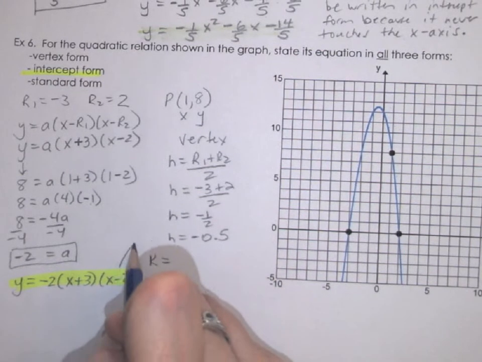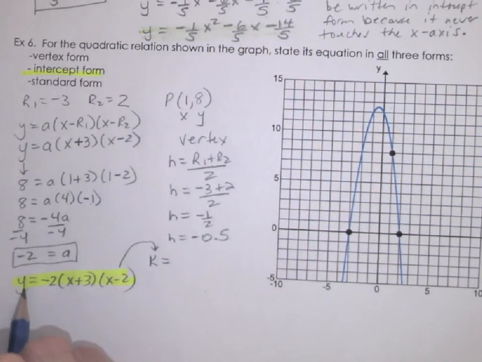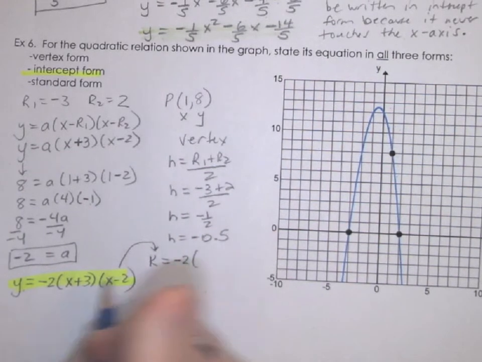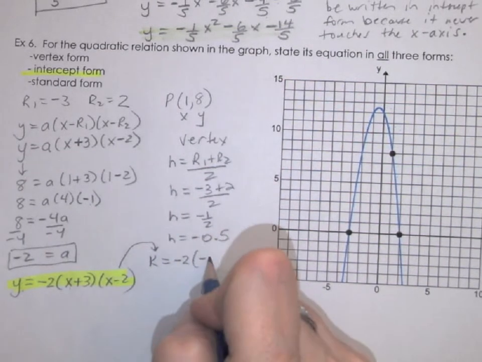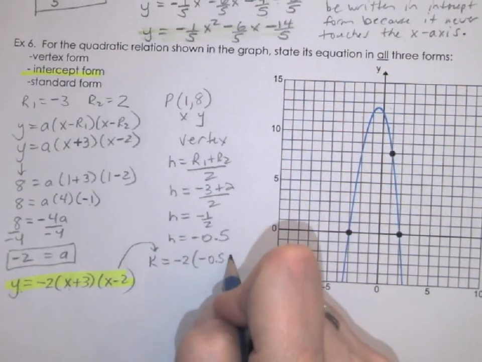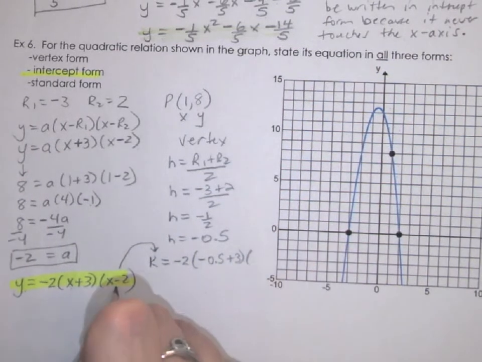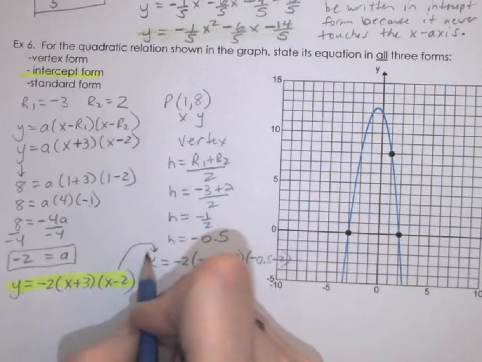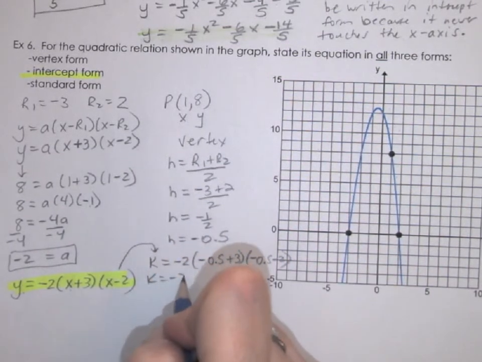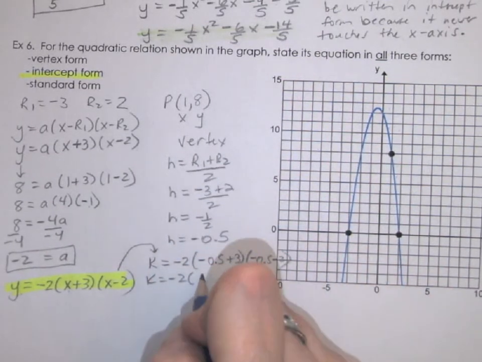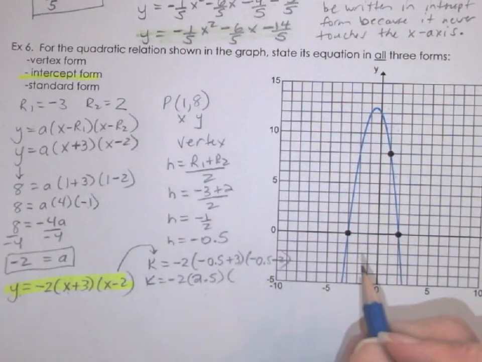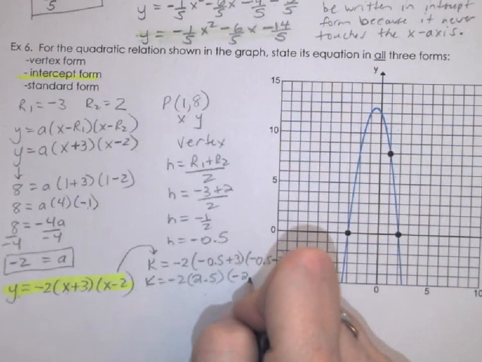So y equals negative 2, and I'm going to replace the x with negative 0.5 in each of the factors. So negative 0.5 plus 3 is 2.5, and negative 0.5 minus 2 is negative 2.5.